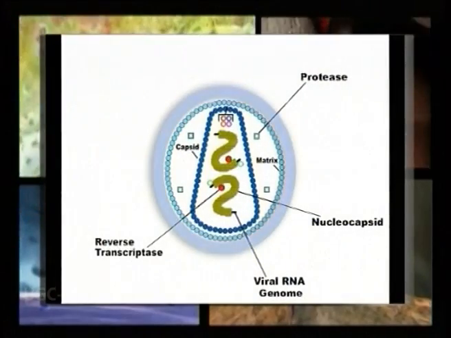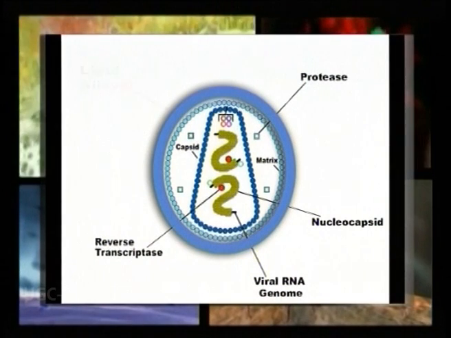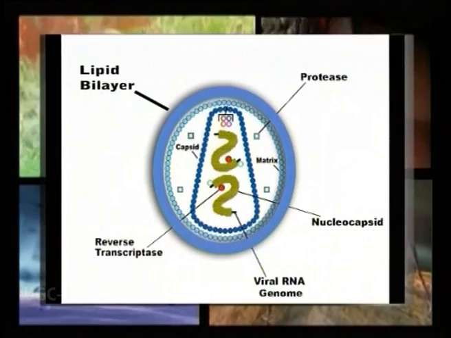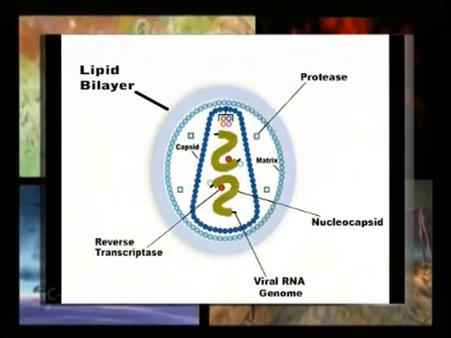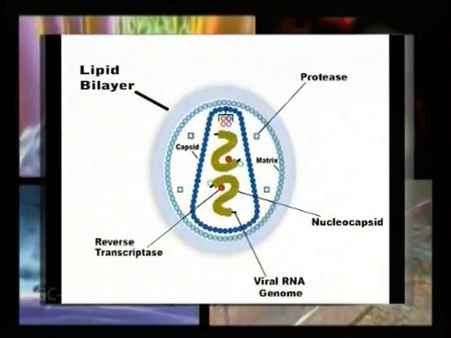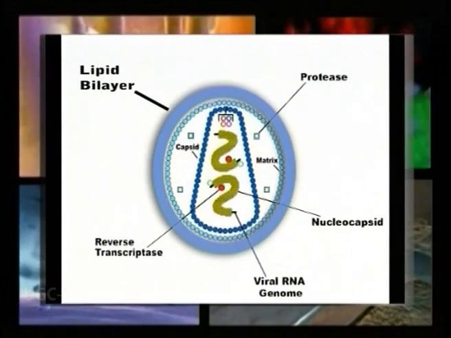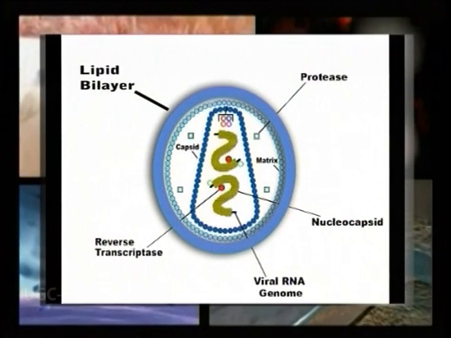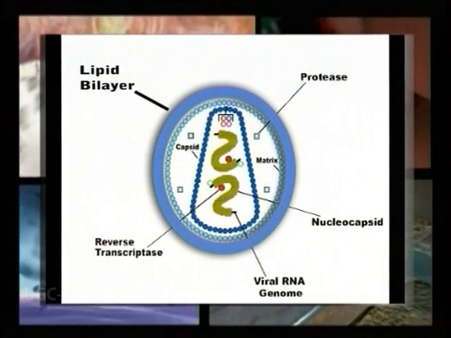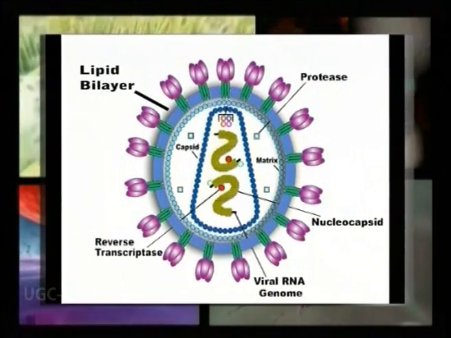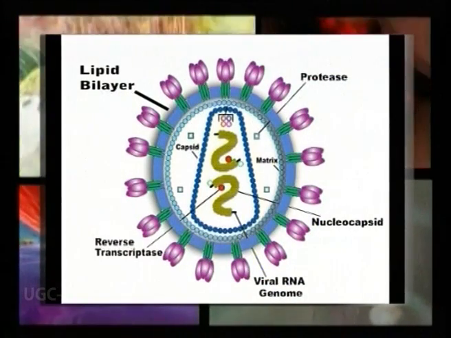The virus envelope consists of a lipid bilayer with glycoproteins embedded in it. Besides, there are carbohydrates. The lipid and carbohydrates are derived from the membranes of the host cell, whereas the glycoproteins are of viral origin.